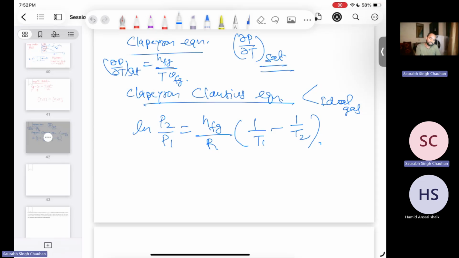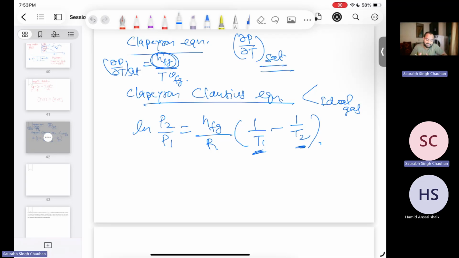So Clausius. And what about this latent heat? It is as such, but there are two temperatures, T1 and T2, and the latent heat of vaporization also changes with temperature. So which one do we have to use?